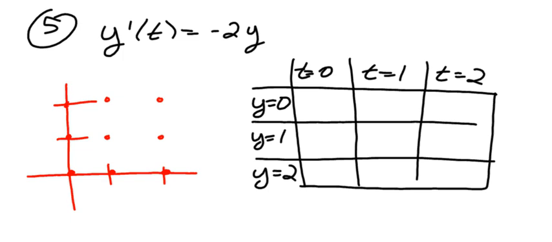So I'm going to have these 9 points. In order to find how the slopes go for each of these points, I'm going to plug in my t and my y. But if you notice in my differential equation, there is no t. If that's the case, I'm only plugging in y. So it does not matter when I plug in y going across.